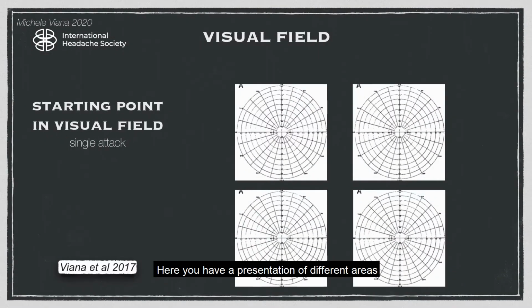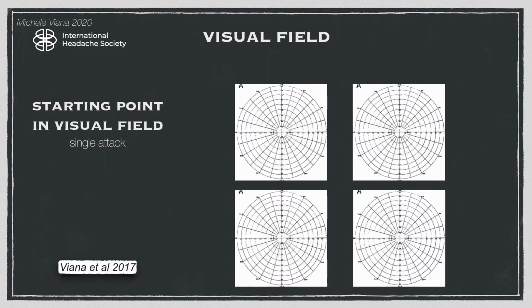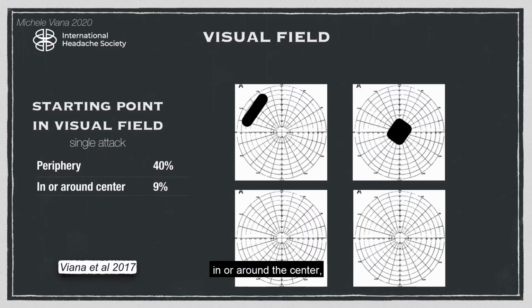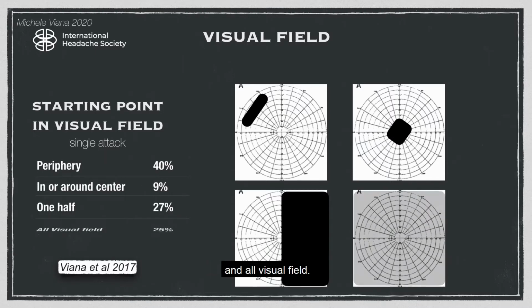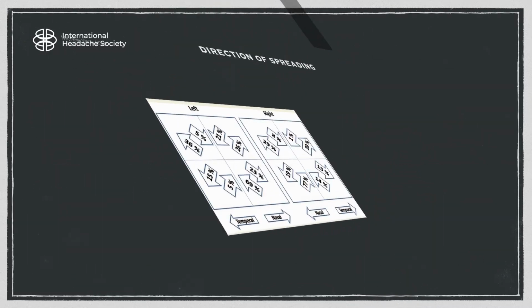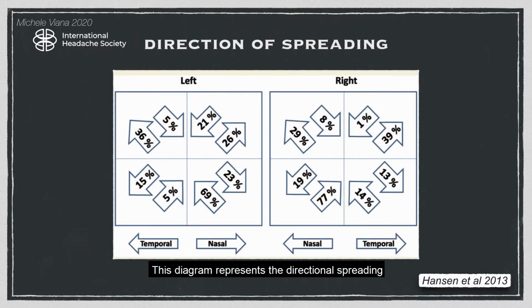Here you have a representation of different areas of the visual field involved during aura and their frequency of occurrence. We can have periphery, in or around the center, one half, and all visual field. This diagram represents the direction of spreading of visual disturbances across the visual field at the origin and at the end of aura during different attacks in the same patient.